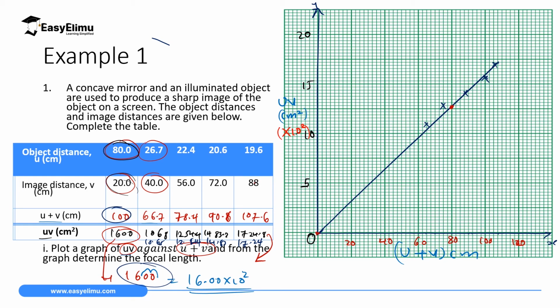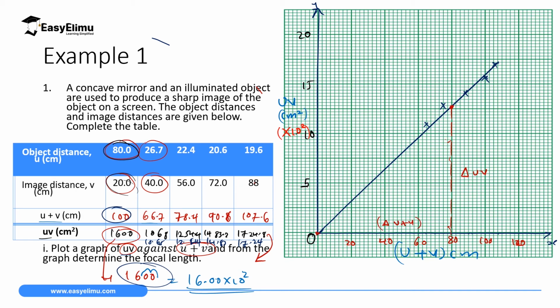So we will draw a small box here, or a small triangle, and this triangle is very important. It should never be ignored. So once you draw that small triangle, this will be our change in uv. Again, it's change in u plus v, in this case.